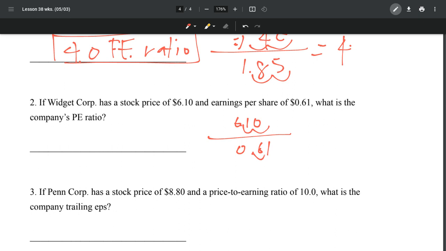We're going to make it a whole number, so we have 610 divided by 61, and that is 10. The PE ratio is 10.